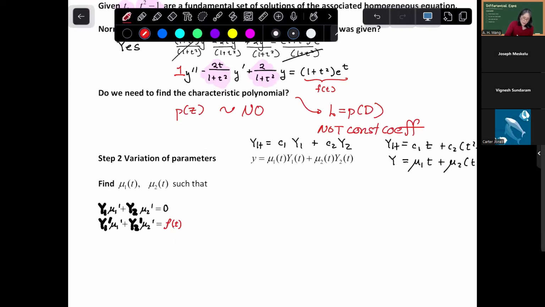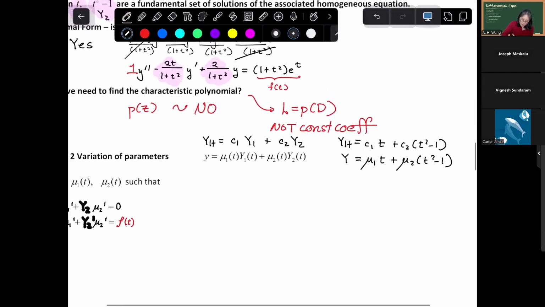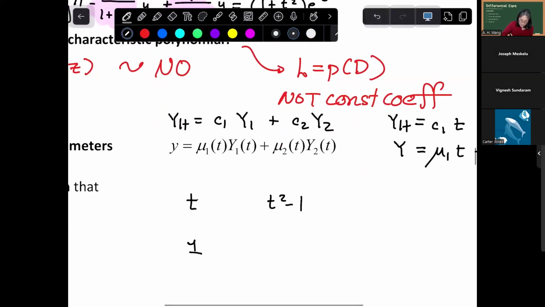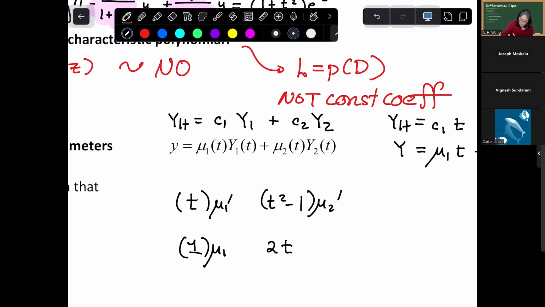Let's go ahead. Y1 is t. Y2 is t squared minus 1. Then you take the derivative, so this is a 1 and a 2t. Then mu1 prime, mu2 prime equals 0 and f of t.